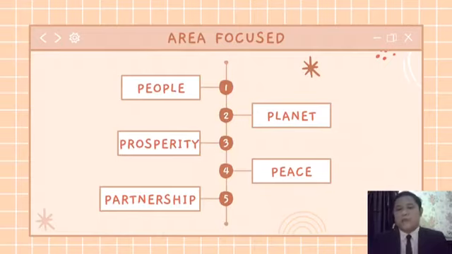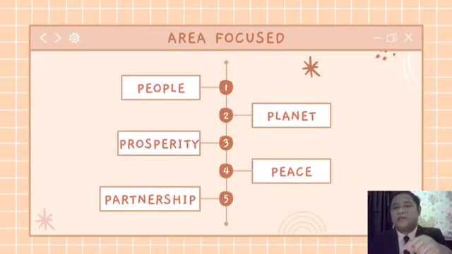First and foremost, the area of focus is people. According to the resolution adopted by the UN General Assembly on 25th of September 2015, this means that the agenda is targeted to end poverty and hunger on a global scale.